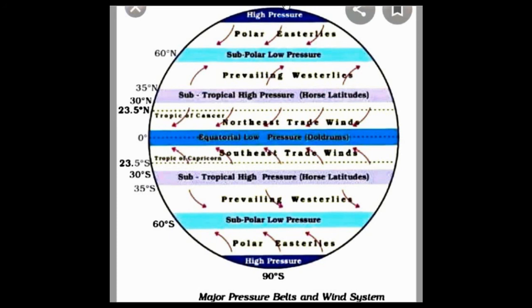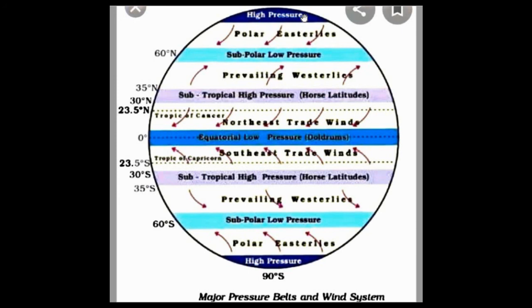Now the last belts are the polar high pressure belts, which extend from 80° north and south to 90° north and south, meaning the poles. As we all know, over here sun rays fall very slantingly, so throughout the year temperature remains extremely cold, below freezing point even during the summer season.